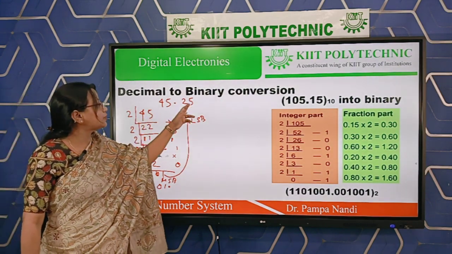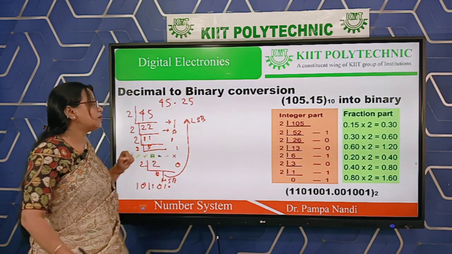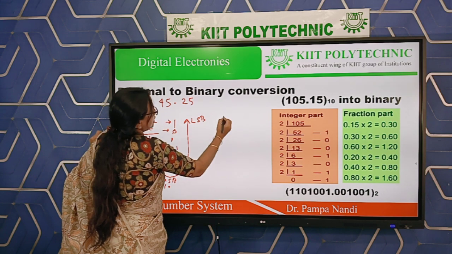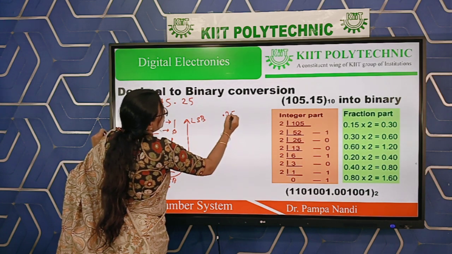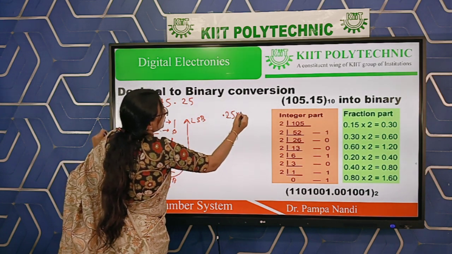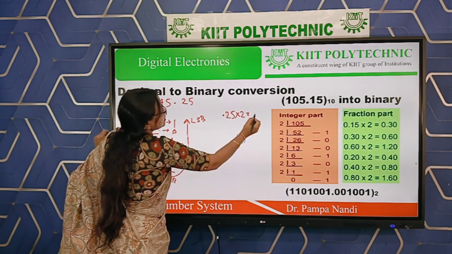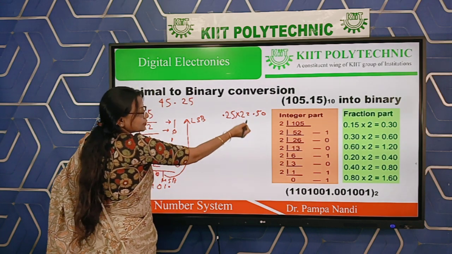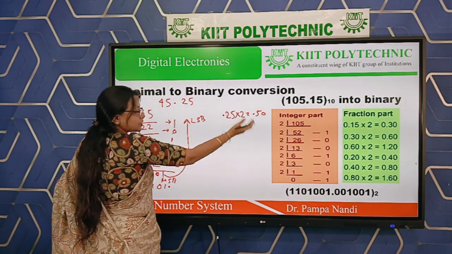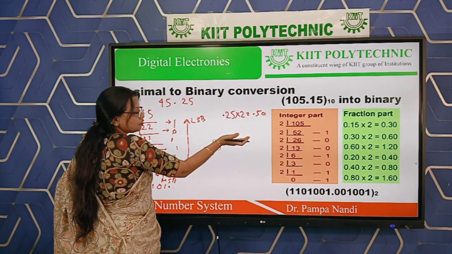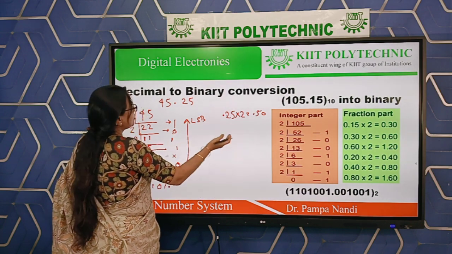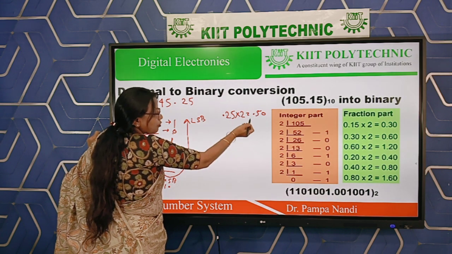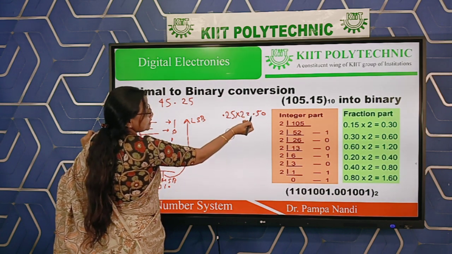Now how are we going to calculate the fraction part? To calculate the fraction part, you need to multiply by 2 every time. That is 0.25 multiplied by 2, you check what is the value, 0.50. Unless you are getting the fractional part all 0, you need to keep on multiplying. Here no integer part is coming.